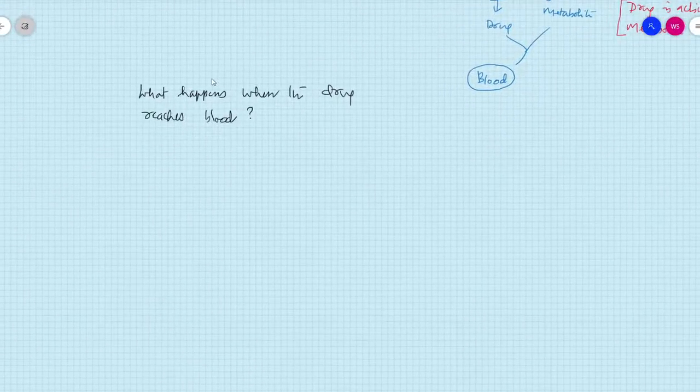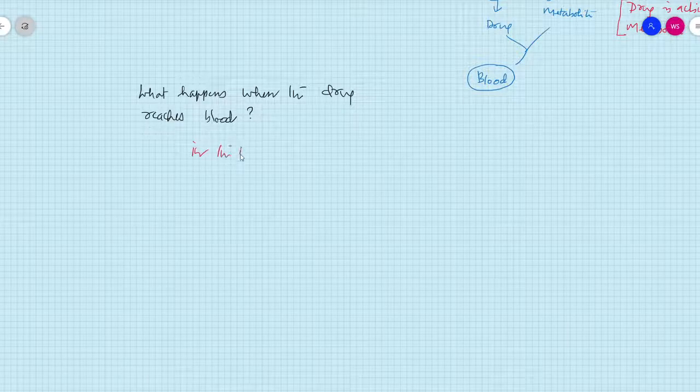So in the blood we have plasma proteins. There are lots of different types of plasma proteins. What are the different types that we are talking about? The most important one would be albumin. Minor ones like hemoglobin.